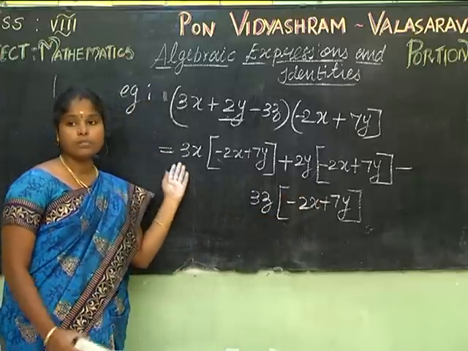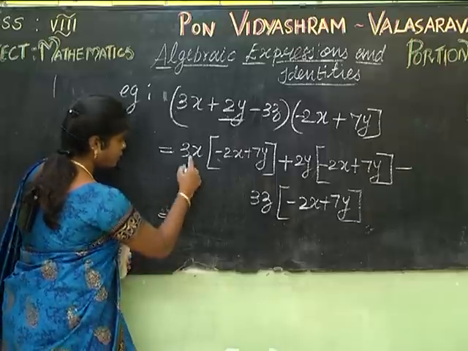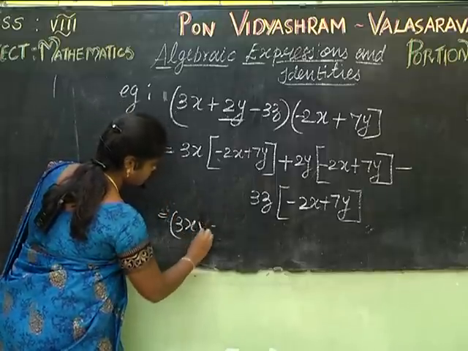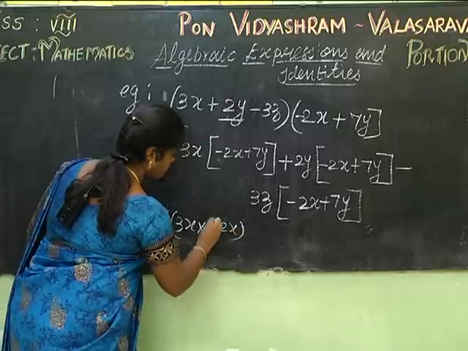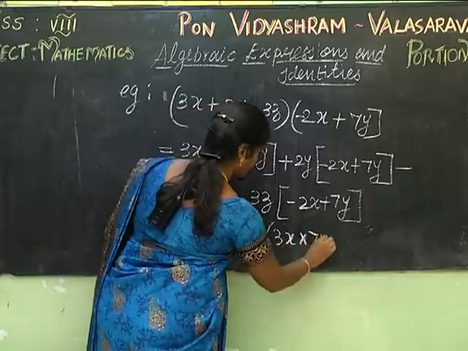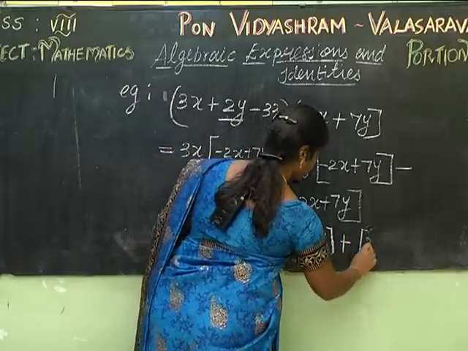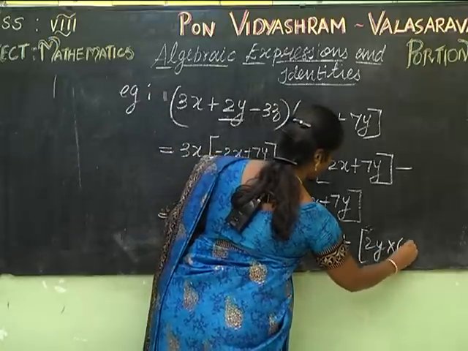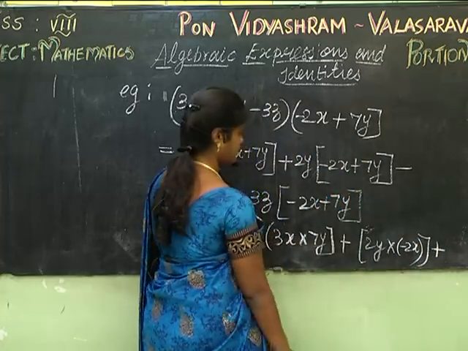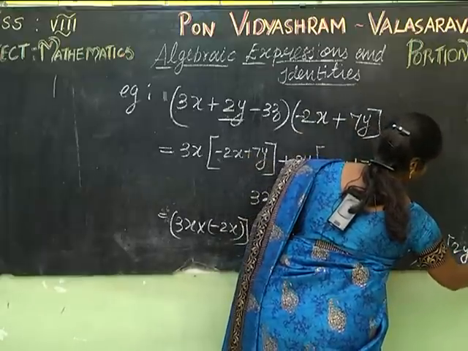Now this is nothing but a monomial into a binomial. So 3x into minus 2x, 3x into 7y, plus 2y into minus 2x, plus 2y into 7y.